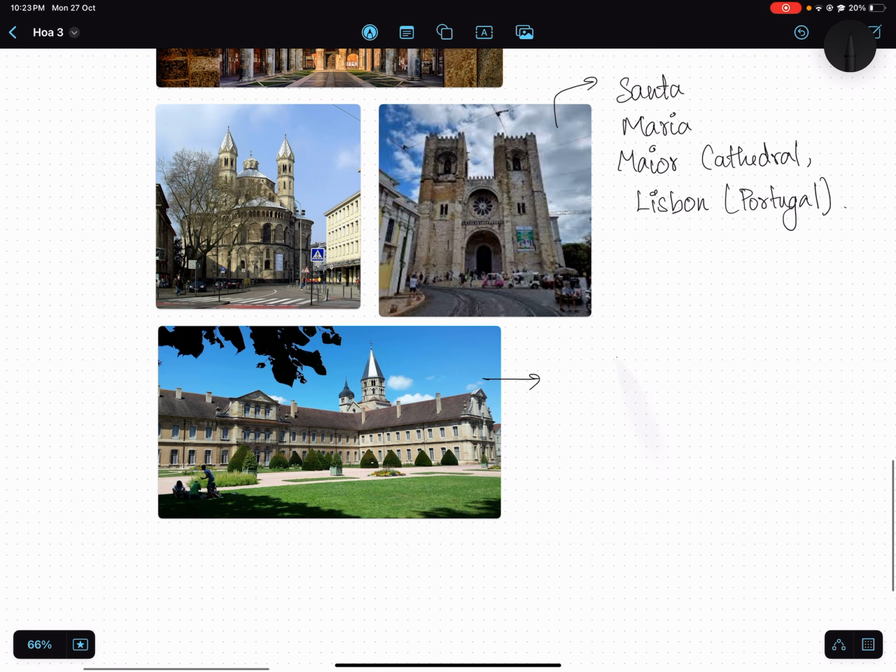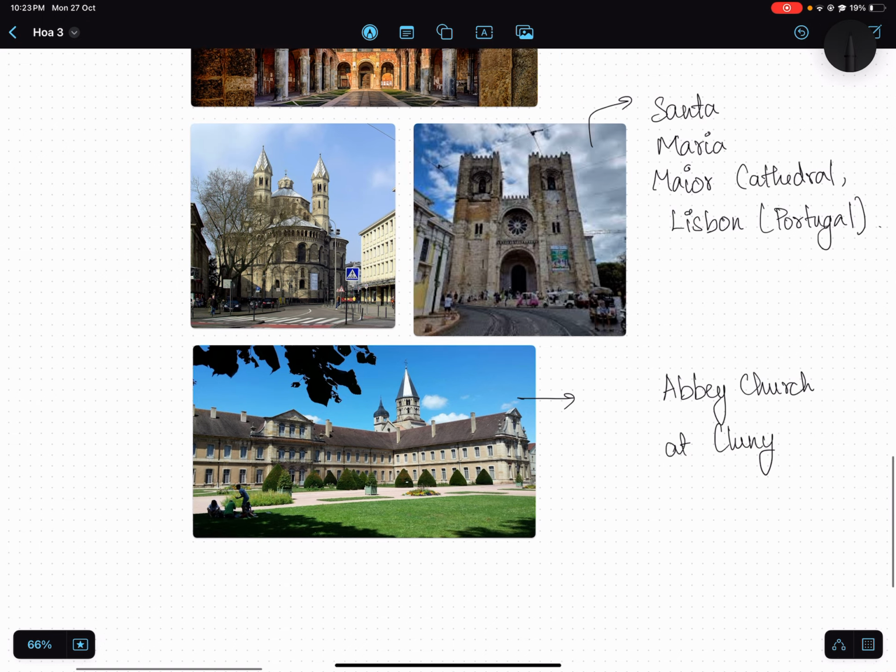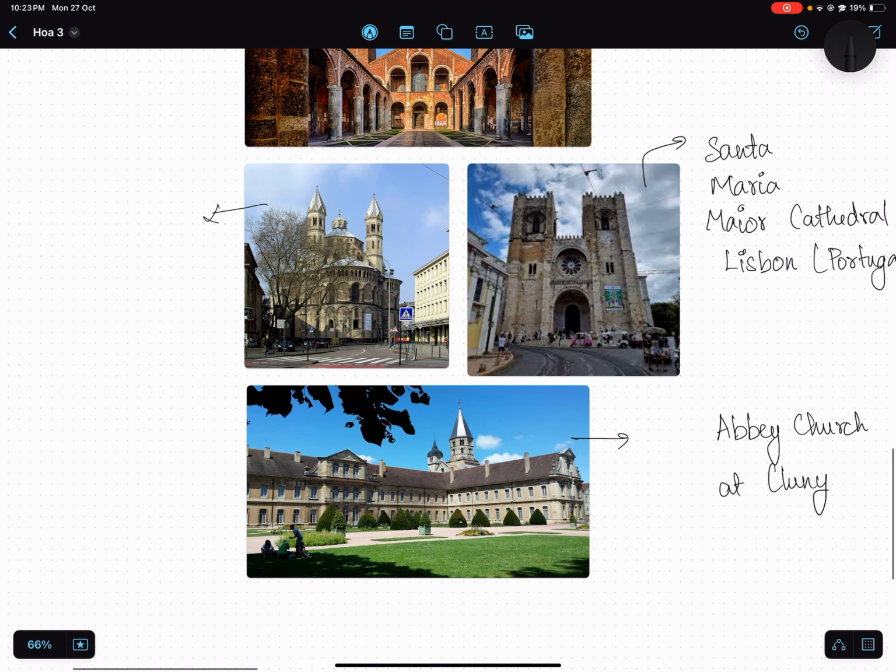This is our Abbey Church at Cluny. This is Church of Apostles at Cologne, Germany.